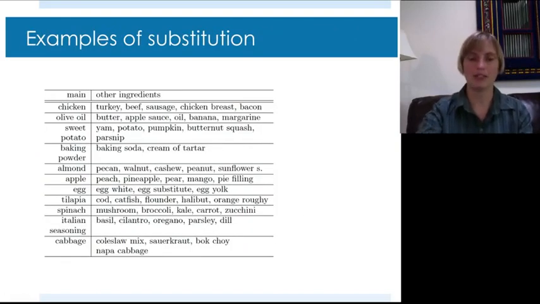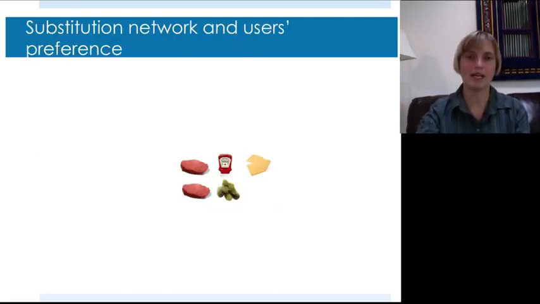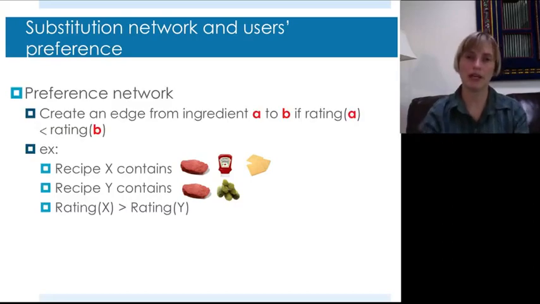Okay, so these communities make sense, but do these substitutions actually encode users' preferences? For this, we constructed another kind of network, which we called a preference network.